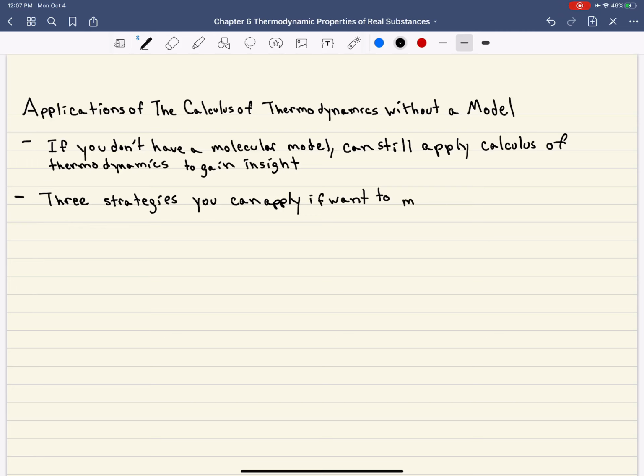So, if you want to manipulate some sort of function theta, where theta can be internal energy, entropy, enthalpy, the Helmholtz function, Gibbs function, or even temperature, pressure, and volume. This little epsilon is just a math way of saying it is one of these things.